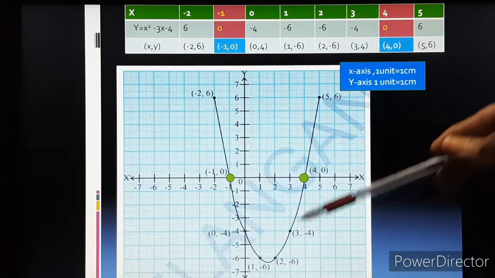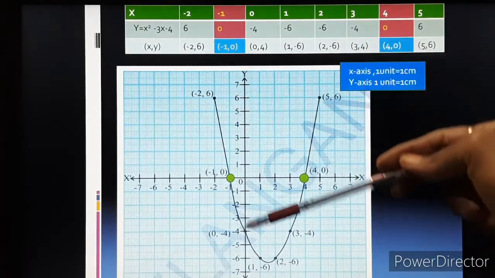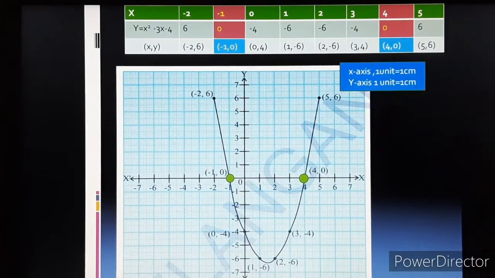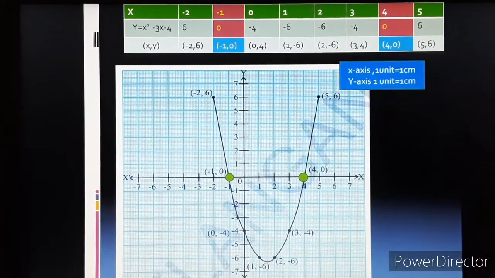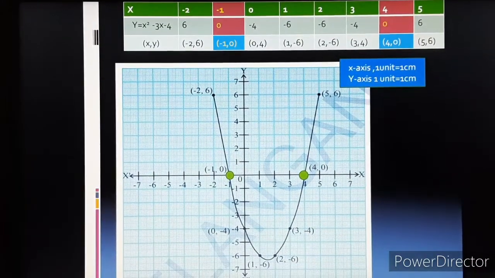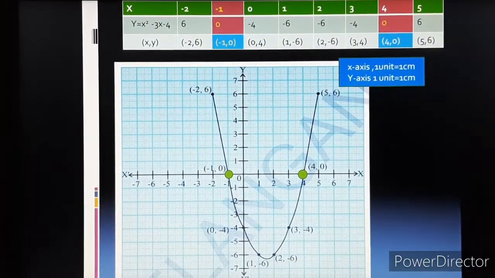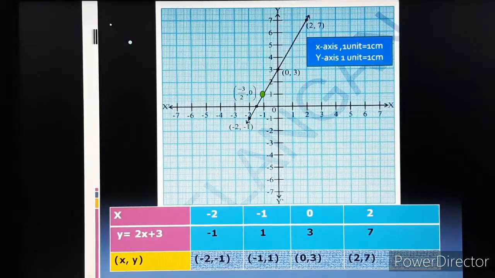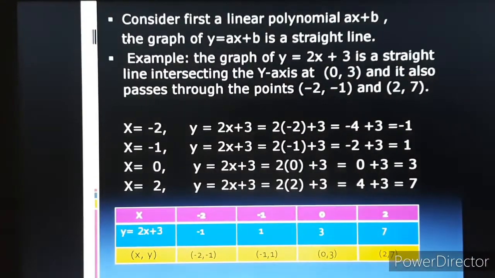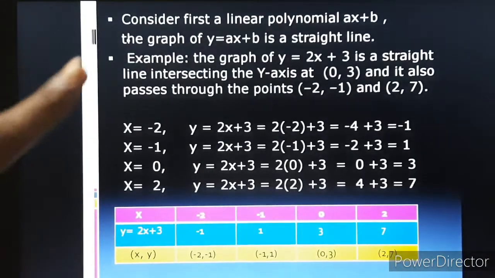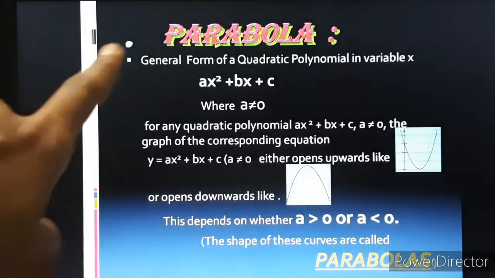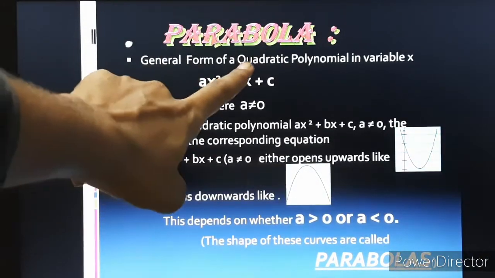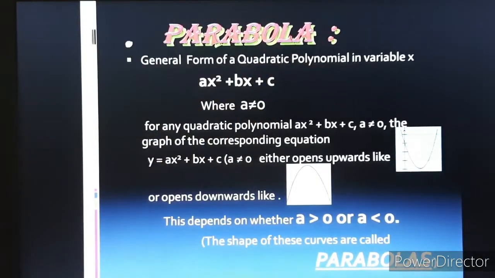It opens upward, right? So you have learned a straight line and a parabola. How to draw a graph for a straight line and for a parabola. For a quadratic polynomial, which is a parabola, right?